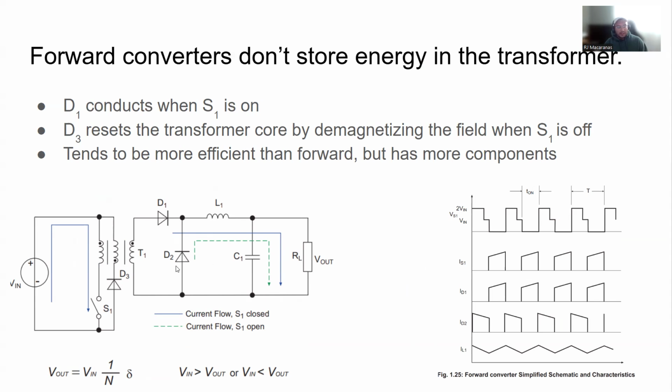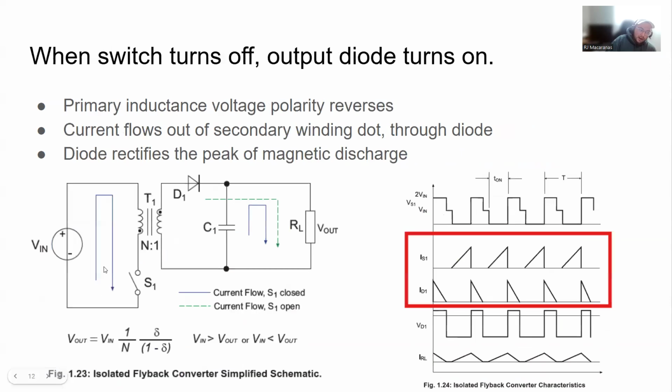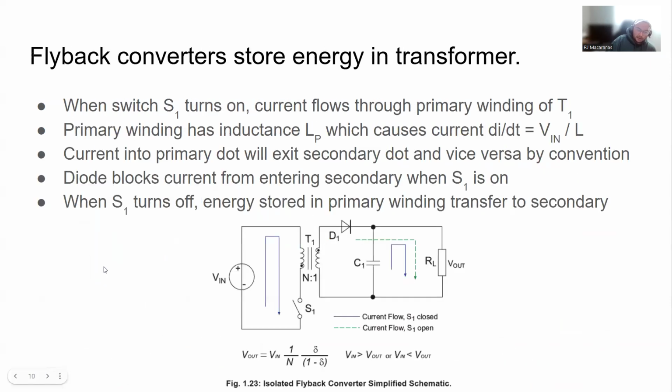But in any case, it's a very different operating principle than the flyback converter, where when we turn the switch on, it charges up a magnetic field, and it's being blocked from even getting to the output. Looking back here, as S1 is on, we can't even send energy to the output until we turn S1 off.